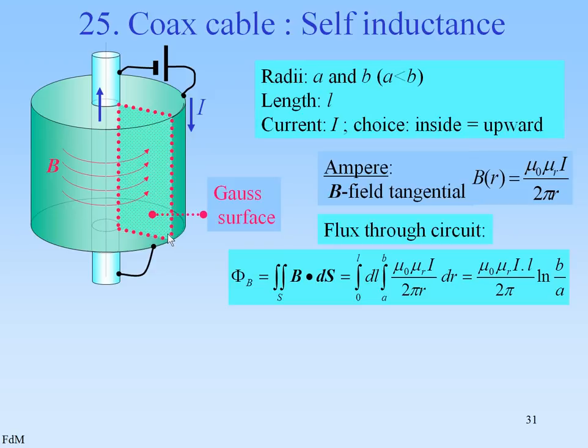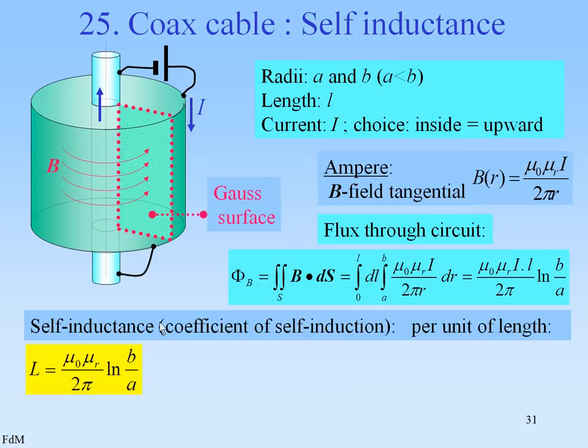Along the radius the induction B varies with 1 over r. And thus, when performing the integration, we end up with mu naught mu r I times L over 2 pi times a logarithmic term, the logarithm of b over a, the two radii.